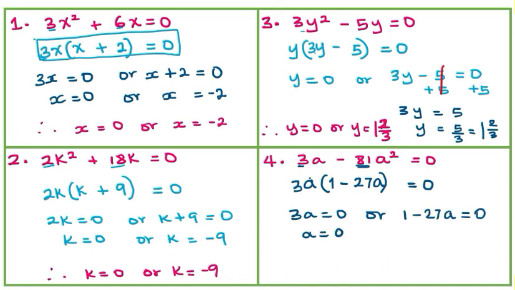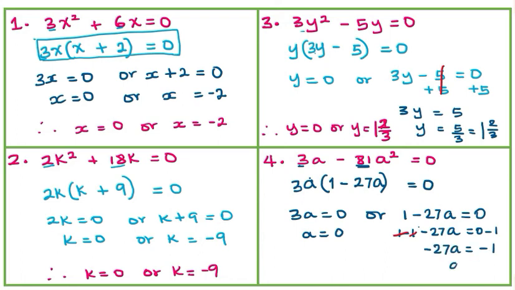This side, we can get 1 minus 27a is equal to 0, and we subtract 1 from both sides, such that 1 minus 1 will get a 0, and we remain with minus 27a, which is equal to minus 1.